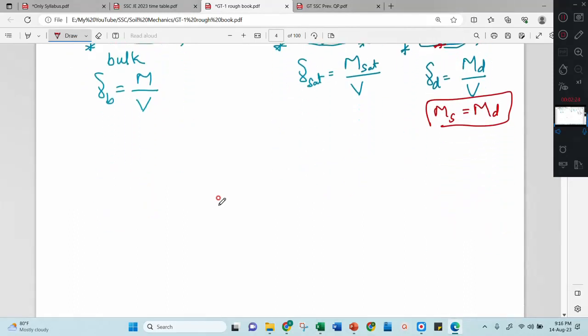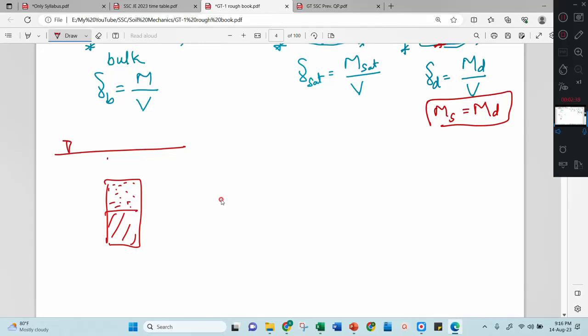Now we have three types of densities. Now we have another density. If this is a soil, these are solids, and all voids are filled by water, but this entire soil is inside some other water. This entire soil is inside the water. Then this is called submerged soil.